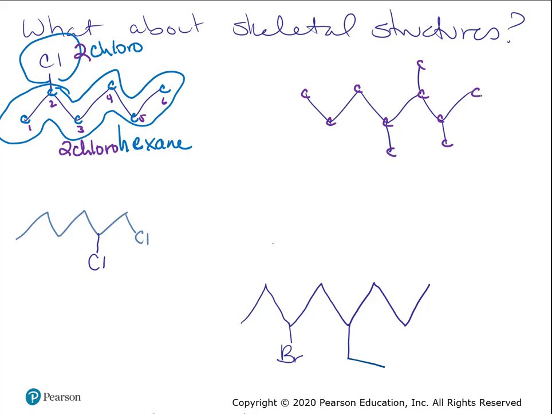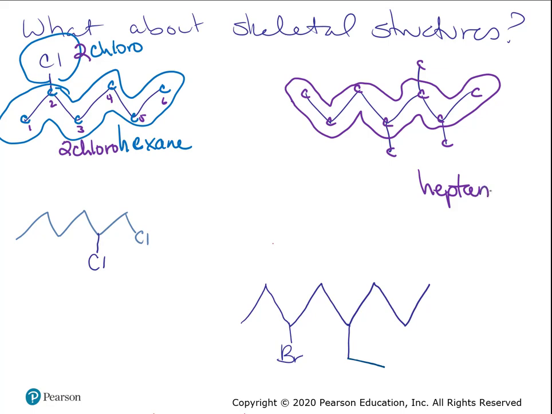Every end and every corner. So this would be a 10 carbon molecule. But when you go find the longest carbon chain, what do you see? 7. So that makes this a what? Heptane, like a heptagon. So heptane is 7.